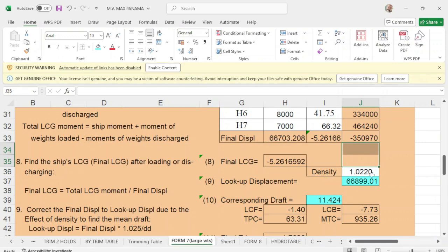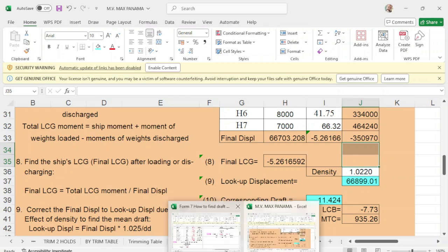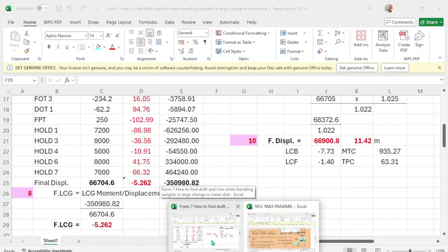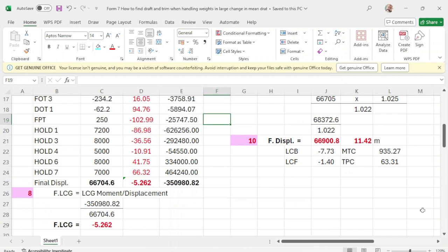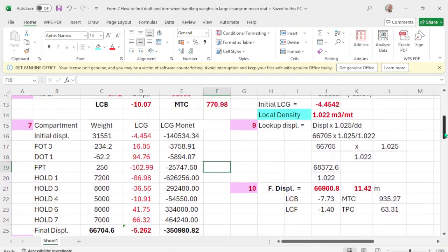You convert this to what his displacement will be if he is floating in a density of 1.022. So for this displacement, what will be the new displacement floating in a density of 1.022. This is the answer.